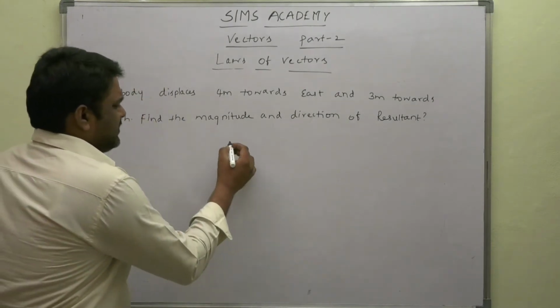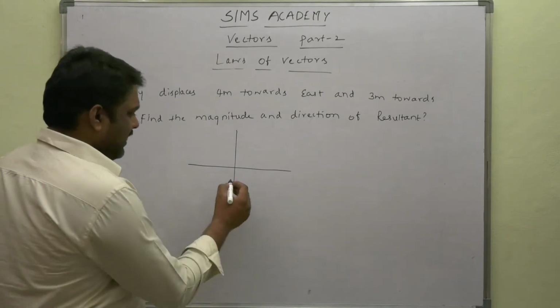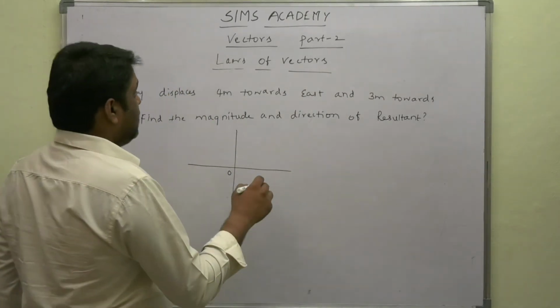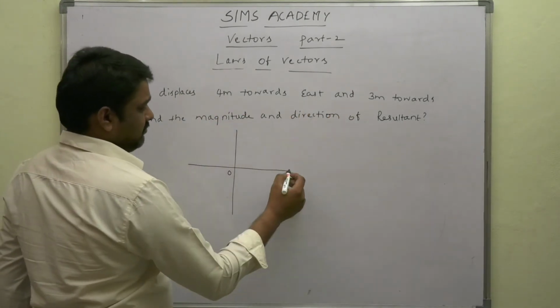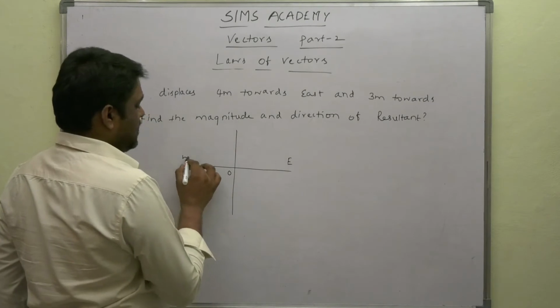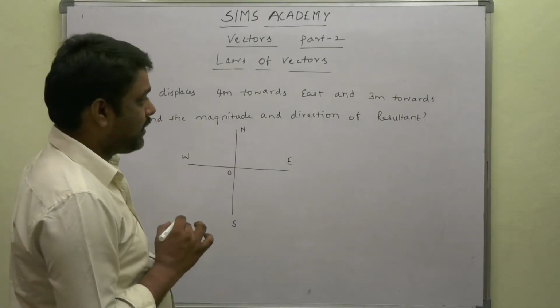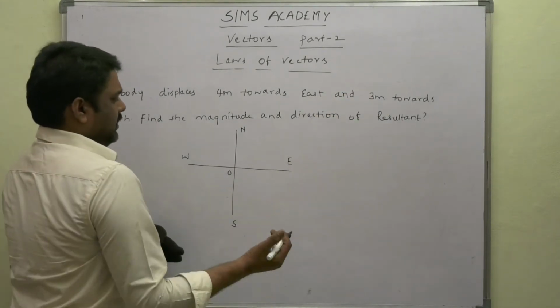Okay, we shall take the Cartesian coordinate axes from where the object has started, from O. Let us suppose it has traveled 4 meters towards east. This is east, west, north, south. In our social studies, we draw like this only.